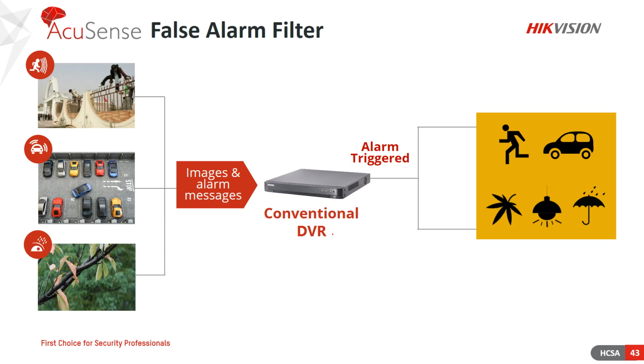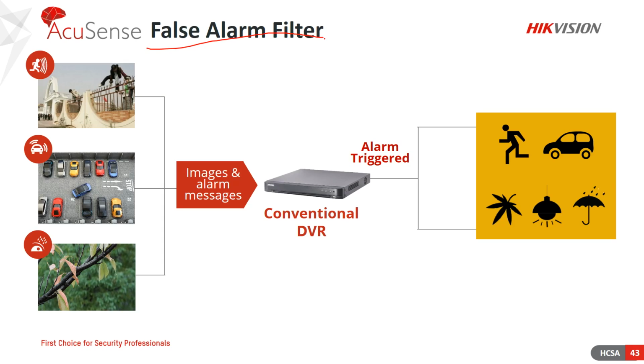This is what the AccuSense DVR is going to do. We call it false alarm filter. False alarm means like the dogs, the cats, or the birds triggers the alarm. This is the false alarm. We don't want it because we don't care what kind of animals trigger the alarm.